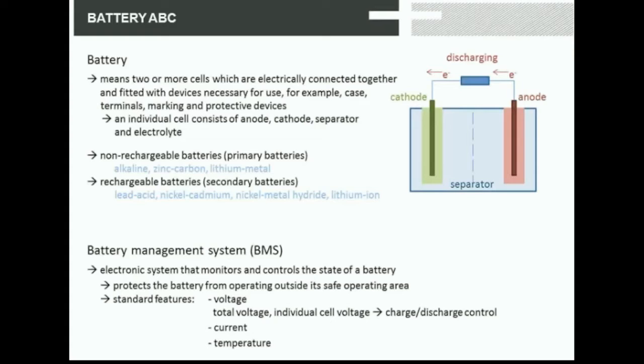We at BMZ live in a world of secondary batteries, specifically lithium-ion secondary batteries. Of course, there are other technologies around: lead acid, nickel cadmium, nickel metal hydride. More or less, all technologies have their applications.